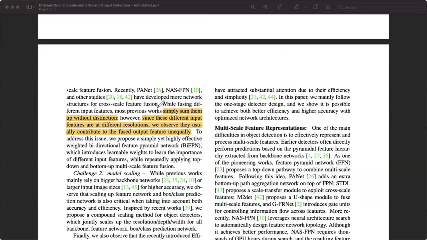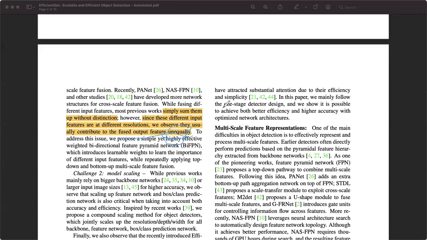With this simple way of summing them, the issue is that different features at different resolutions might contribute to the fused output feature unequally. If you sum them, you essentially treat all of them equally. It's like a weighted sum where each weight is 1.